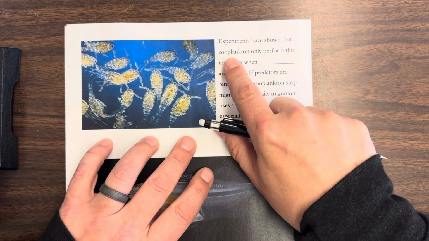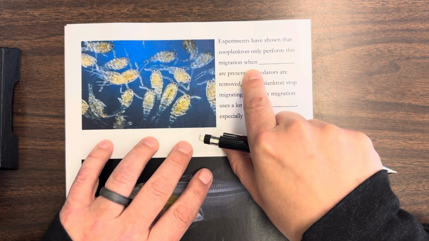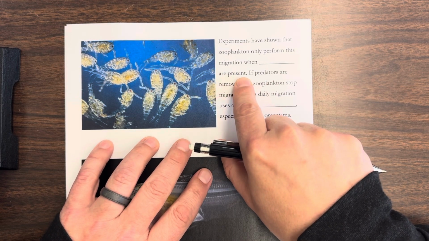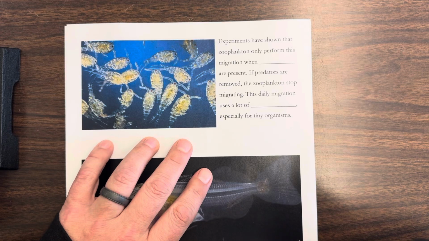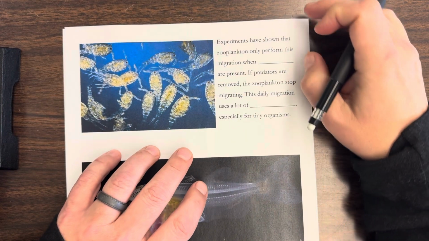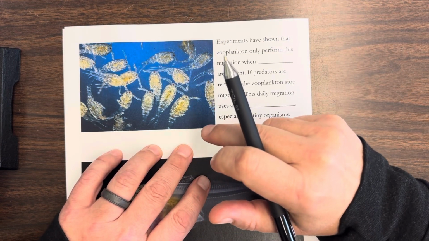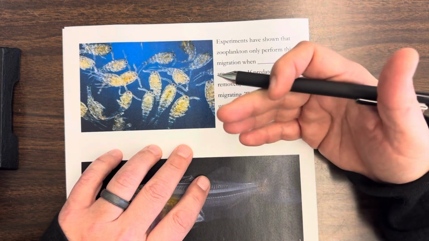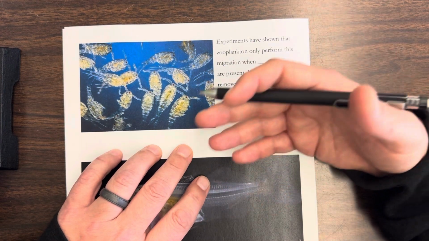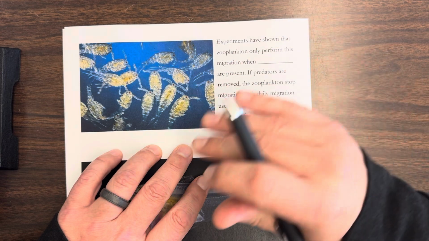Experiments have shown that zooplankton only perform this migration when predators are present. So that's an interesting thing. It's not so much that they know an area has predators, it's just that in areas where there are predators, you'll see this migration, but in areas where there aren't predators, they won't make that migration.